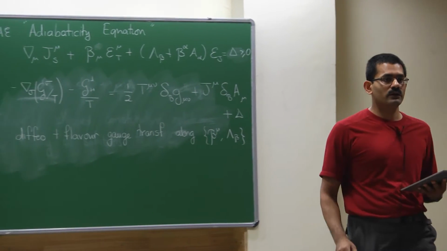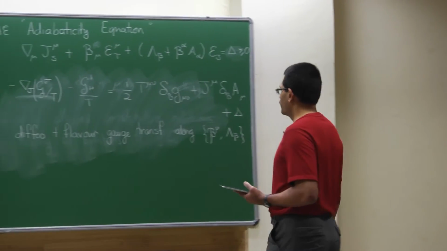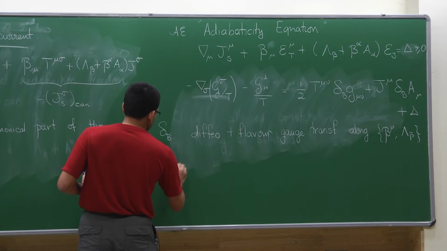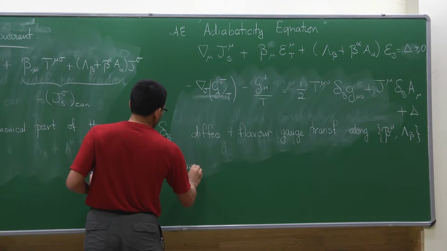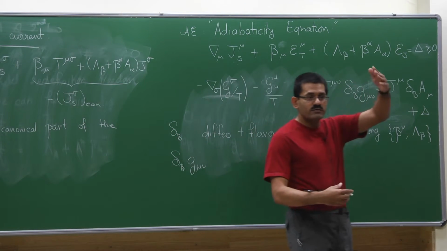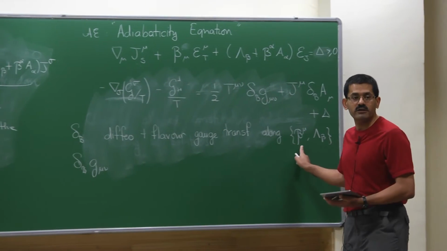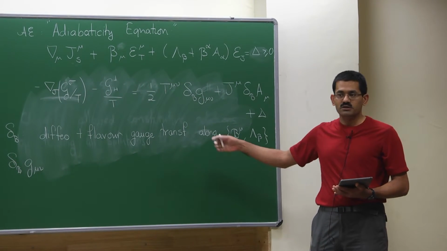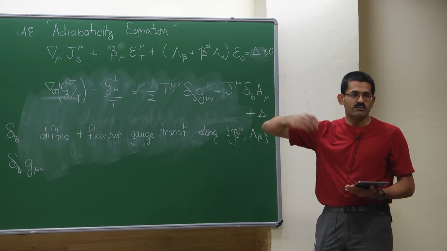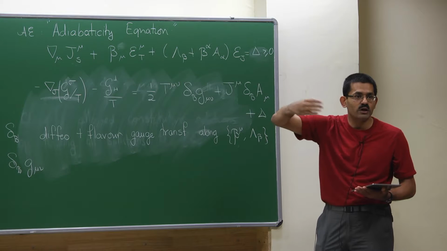Okay. We know what the form of diffeos is. So if I have a vector, so delta B on G mu nu. If I am trying to do a diffeo, the only thing I care about is this vector part. Beta is some vector. It's a physical field, but it's a vector field in spacetime. So I can of course Lie drag. I can do a diffeo along that vector field.